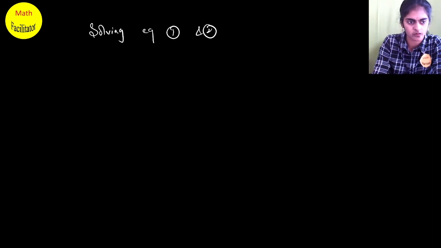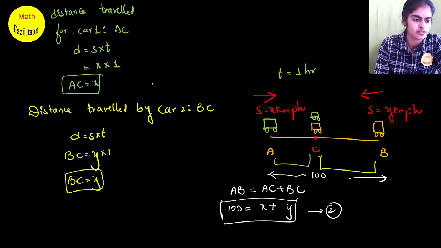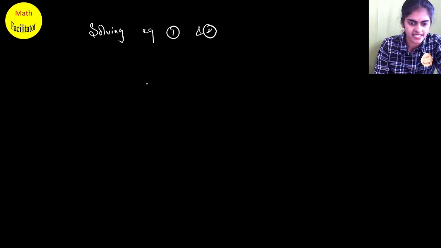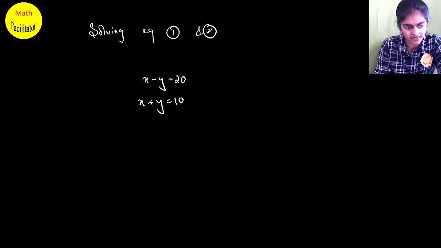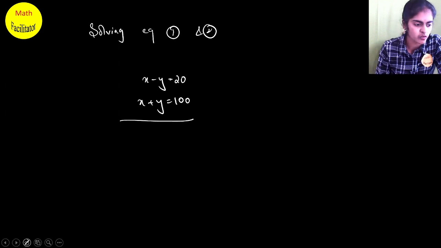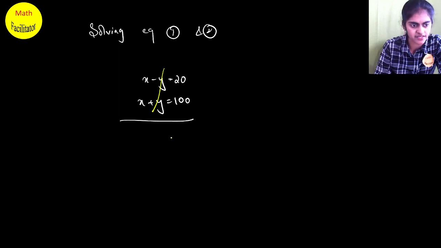Now solving equations 1 and 2. Equation 1 is x minus y is 20. Equation 2 is x plus y is 100. I simply need to add both equations because I have plus y and minus y, which cancel.